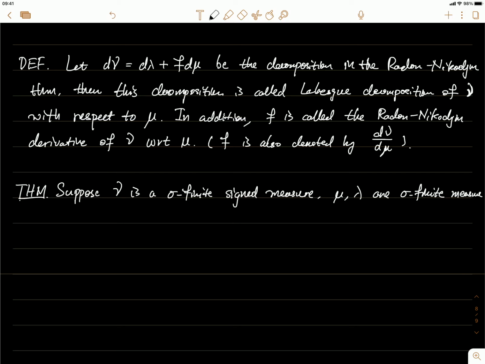This lambda is not the decomposition of nu, it's just another measure, where nu is absolutely continuous with respect to mu, and mu is absolutely continuous with respect to lambda. Then the following statements hold.